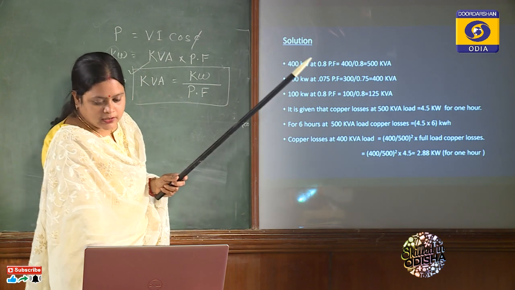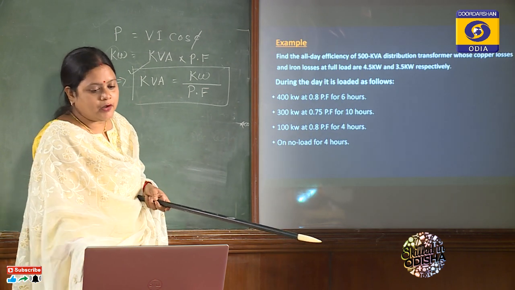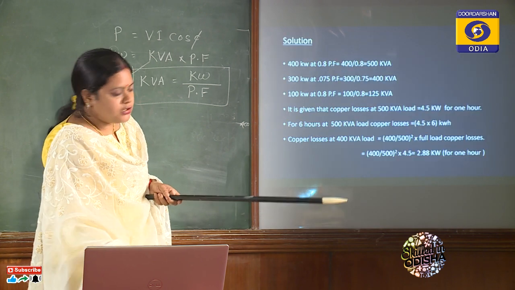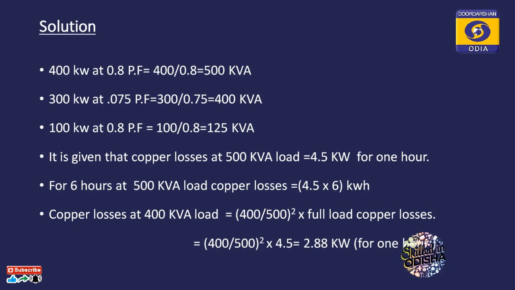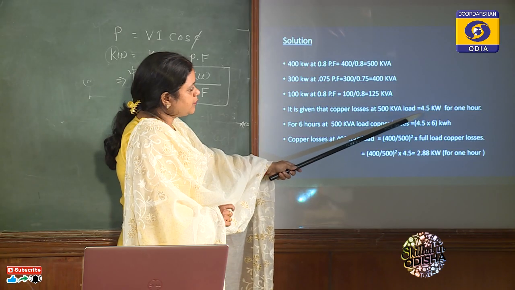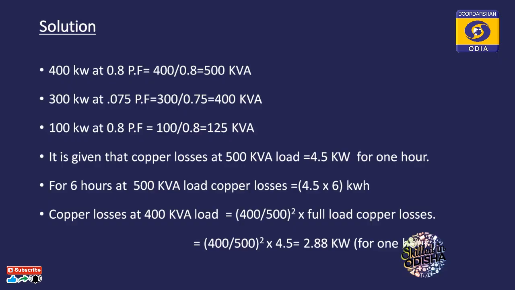Next load given, 300 kilowatt at 0.75 power factor for 10 hours, which is 400 kVA. If at 500 kVA load, that is full load, copper loss is 4.5 kilowatt, then what will it be at 400 kVA load? So copper losses at 400 kVA load is equal to (400 divided by 500) whole square into full load copper loss.